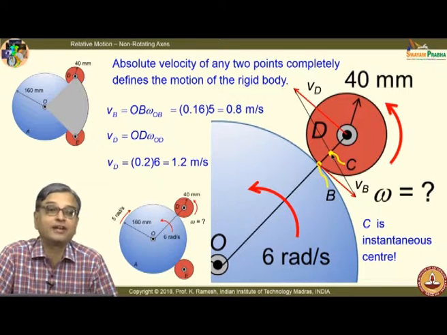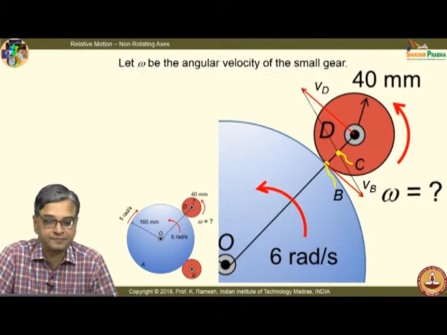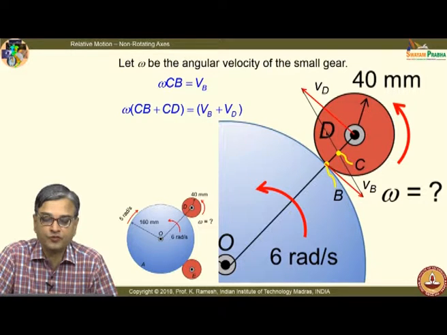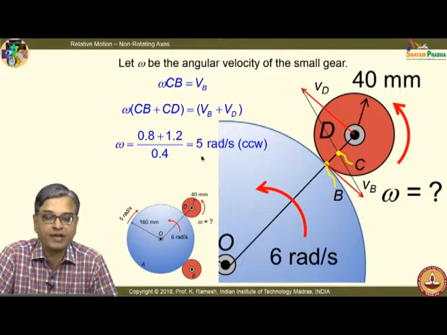Now, I can easily find the angular velocity of D. It is no big deal. Let omega be the angular velocity of the smaller gear. I get omega into CB equal to Vb. From the geometry, I get an expression like this, and I get omega as 5 radians per second counterclockwise.